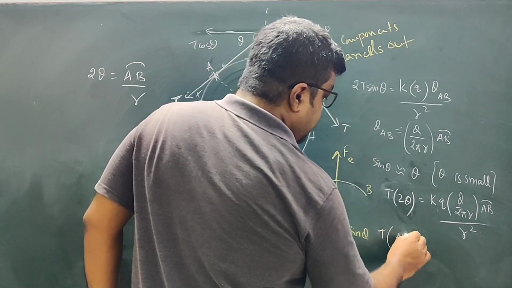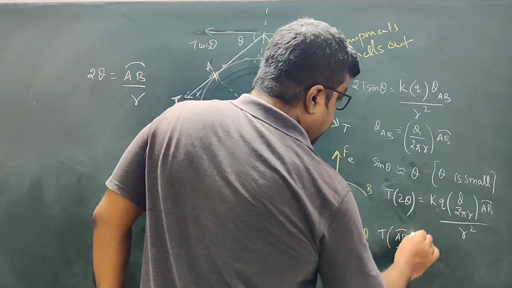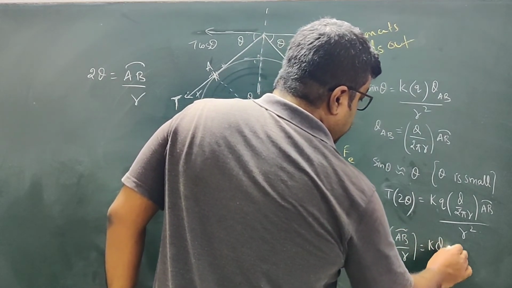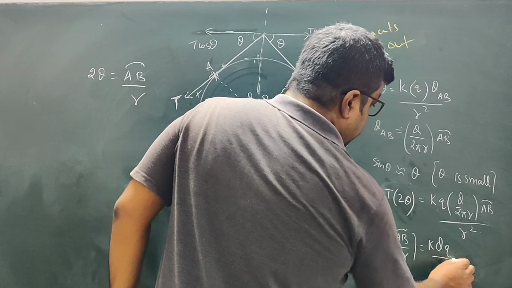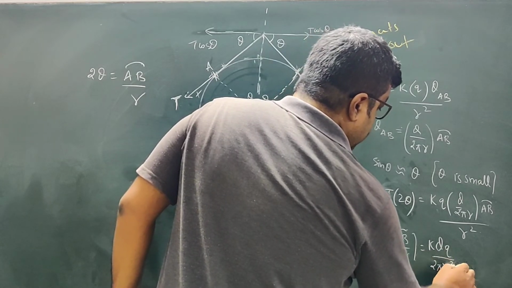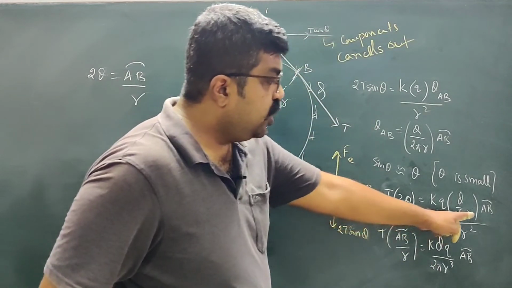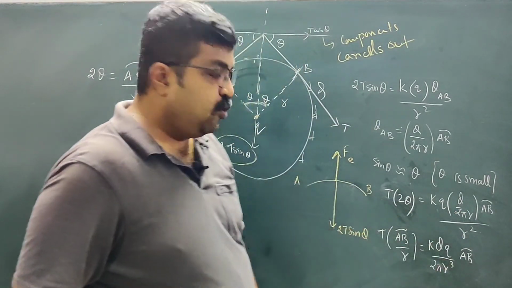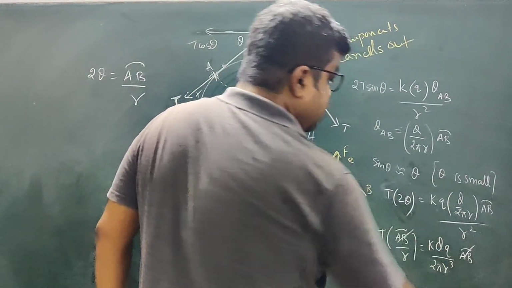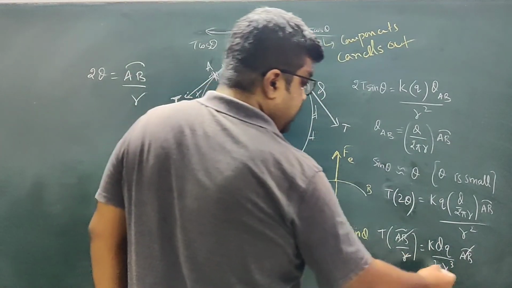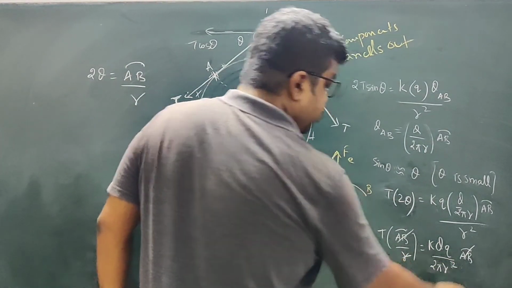T times arc length AB by R is equal to K Q by 2πR cube times AB. This 2πR into R square becomes 2πR cube. So this AB gets cancelled, and this R becomes R square.